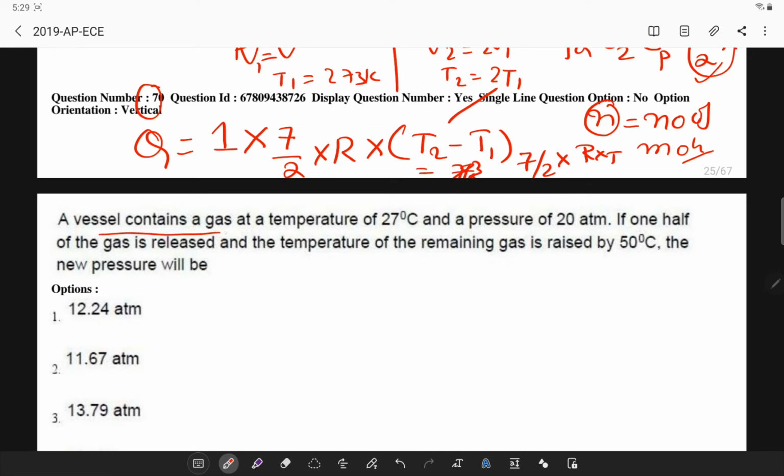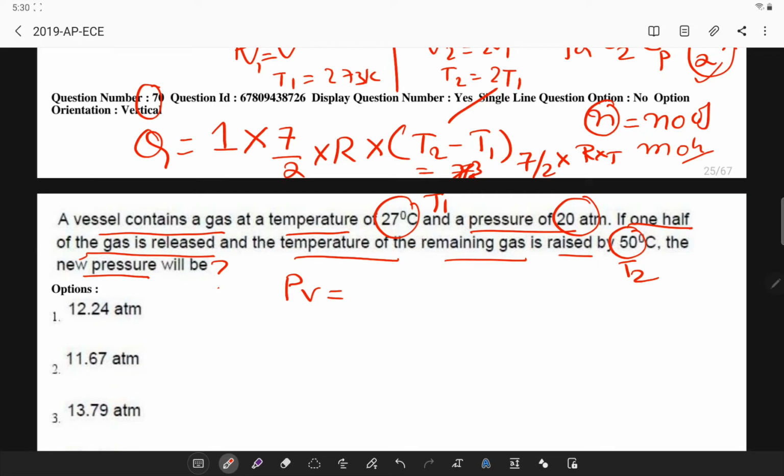A vessel contains a gas at a temperature of T1 is 27 degrees at a pressure of 20 atmospheres. If one half of the gas is released and the temperature of the remaining gas is raised by 50 degrees, what will the pressure be? So we have our formula PV is equal to N into RT.